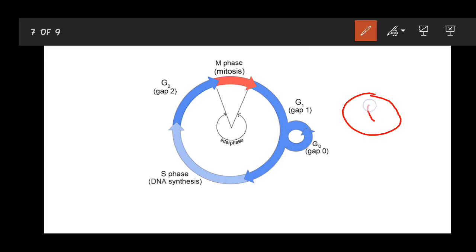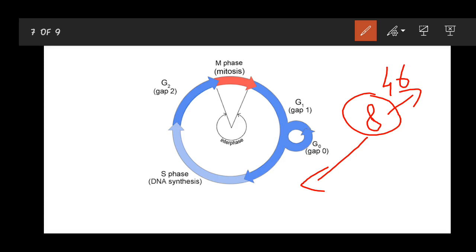Inside the nucleus, we now have such structures, which are single chromatids. If it is a human cell, in the G1 phase, you will have 46 such chromatids. And now the cell is moving on to the next phase, called the S phase or synthesis phase.